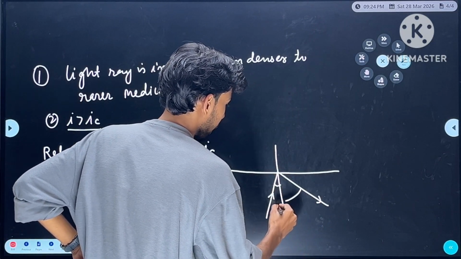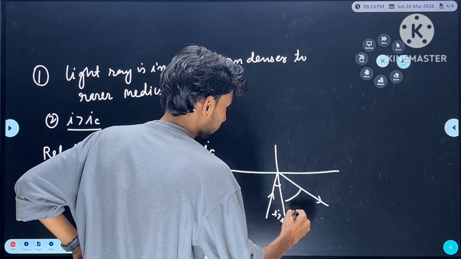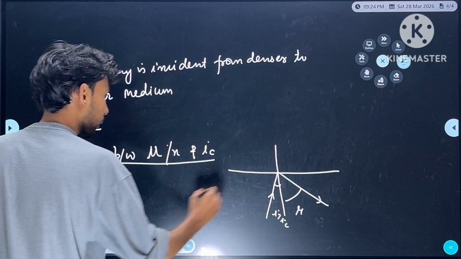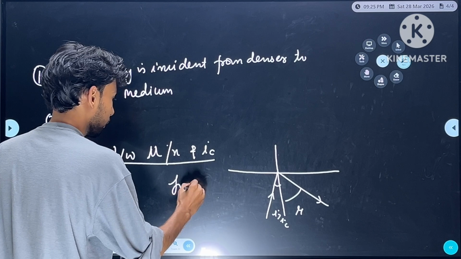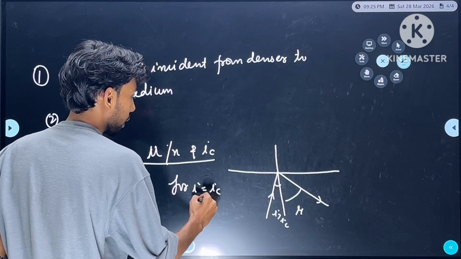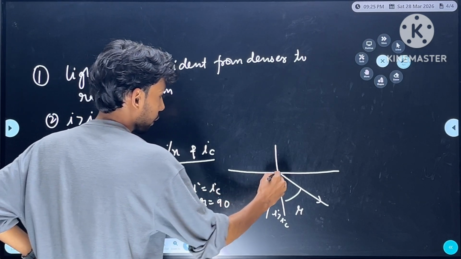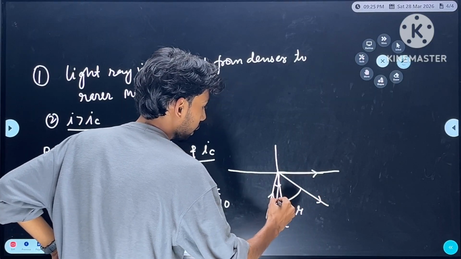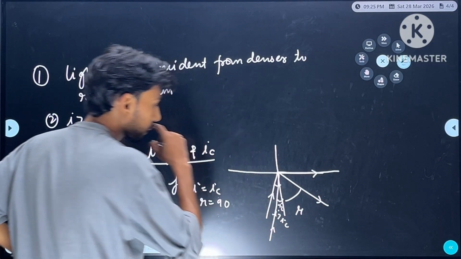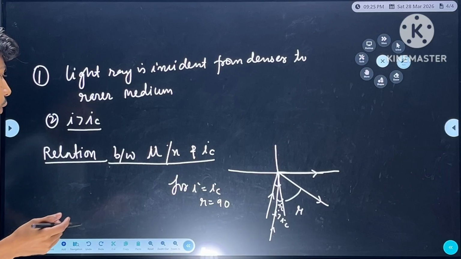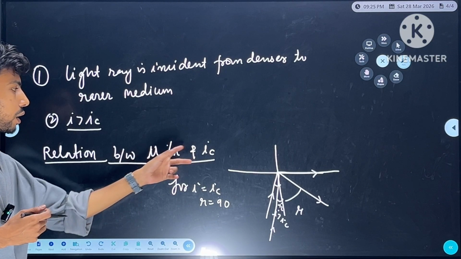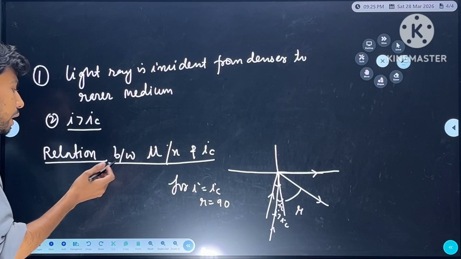For an angle I greater than IC. But for I equal to IC, what was happening? The angle of refraction R was equal to 90 degree. If the light ray is incident at an angle IC, then the angle of refraction was 90 degree. So if I want to find the relation between the refractive index and the critical angle basically.